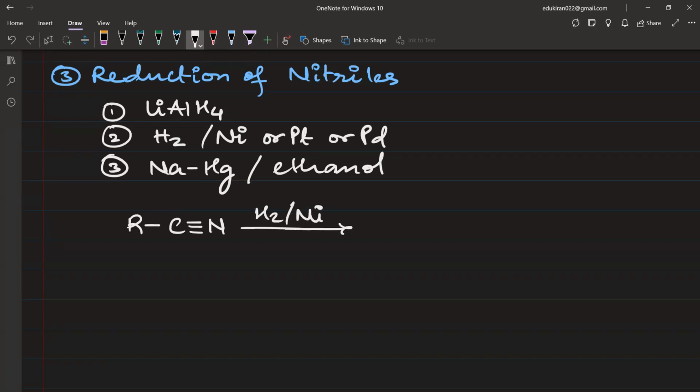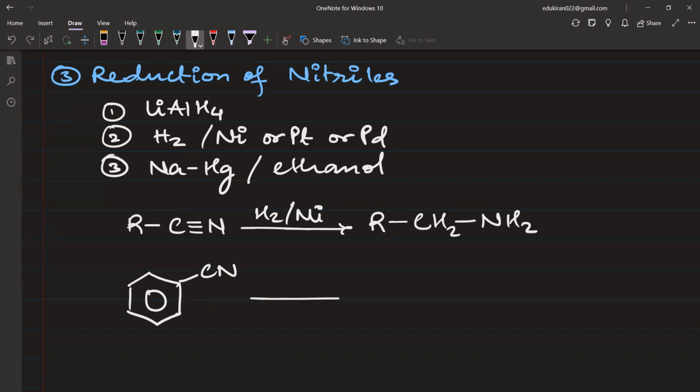You will have R, C triple bond N, H2 in the presence of nickel. You will be getting R, CH2, NH2. So this carbon atom gets 2 hydrogens, and this nitrogen also gets 2 hydrogens. Okay, simple. So if you have a benzonitrile, in this case, you will be getting CH2NH2.